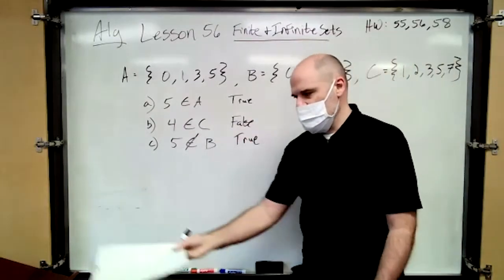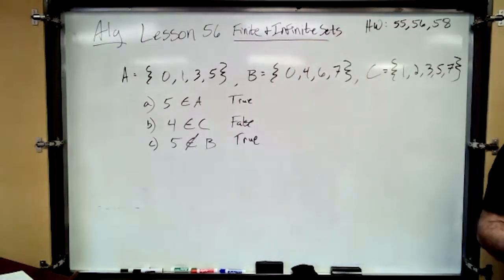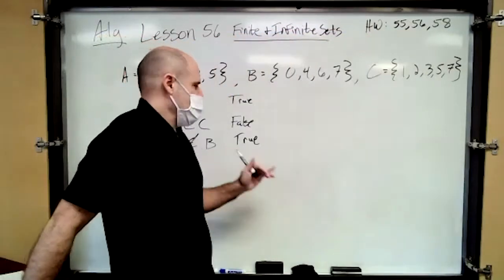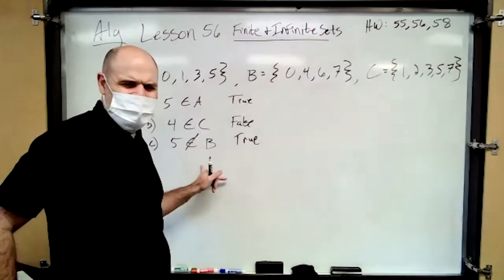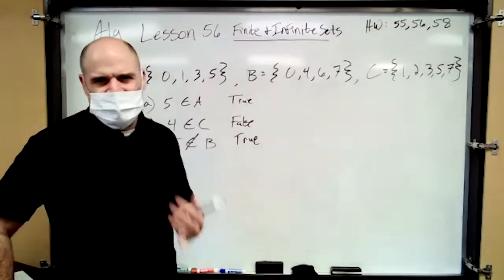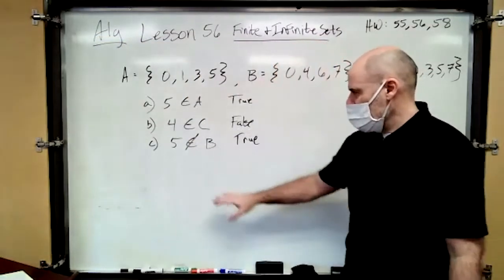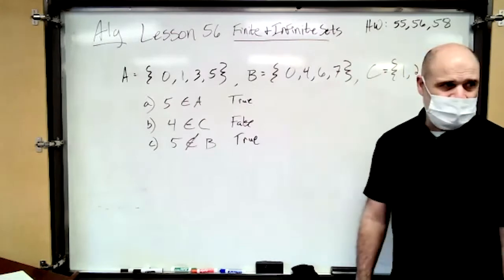Okay? So some of you who are like me, who might have dyslexia, dysgraphia, this is sometimes a struggle because you're like, wait a minute, I said true to this false statement. What? So it kind of messes with your head a little bit. So just say it out loud if you need to. 5 is not inside of B. All right. Did I just sin?